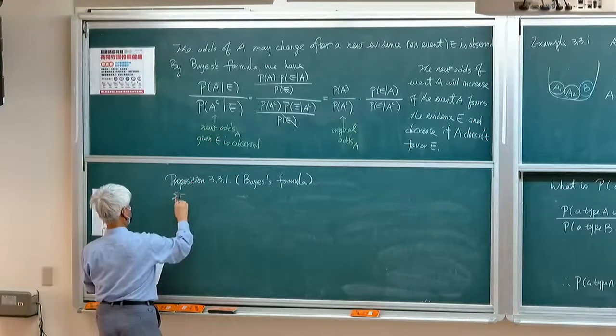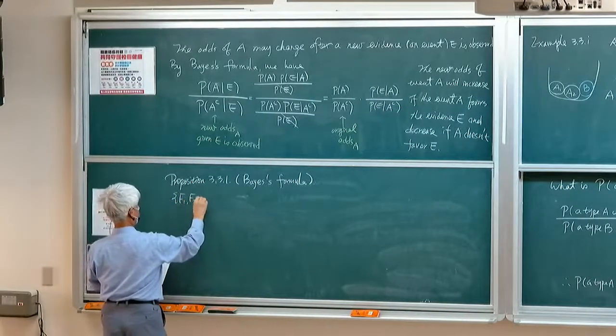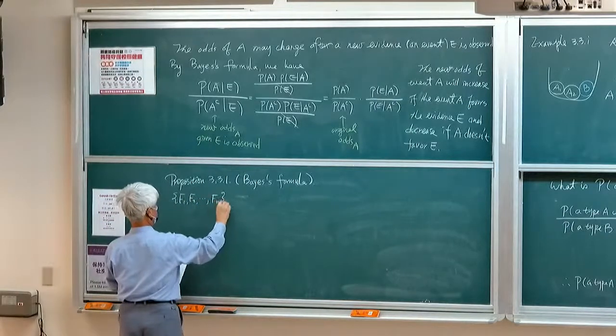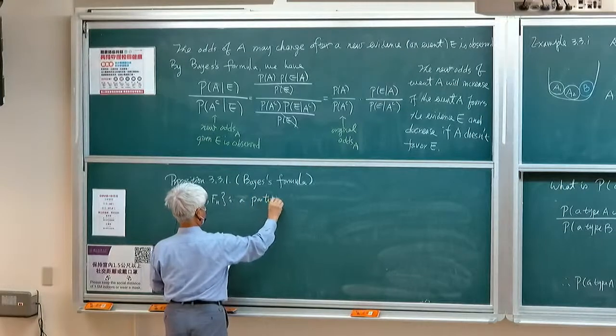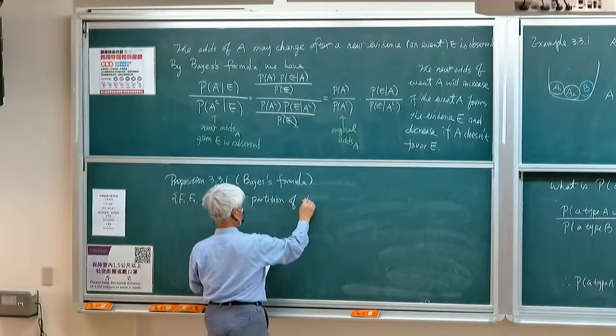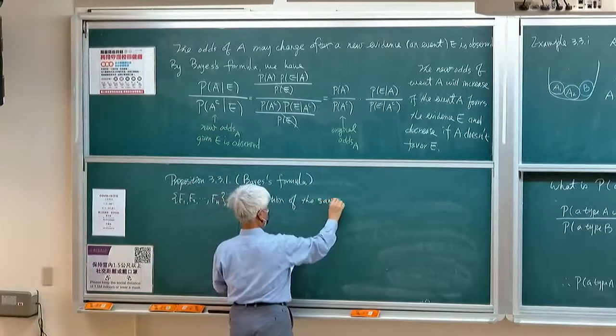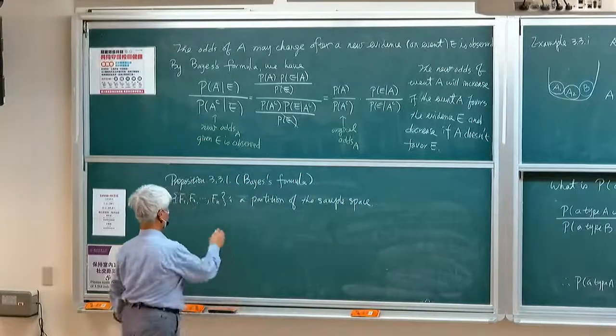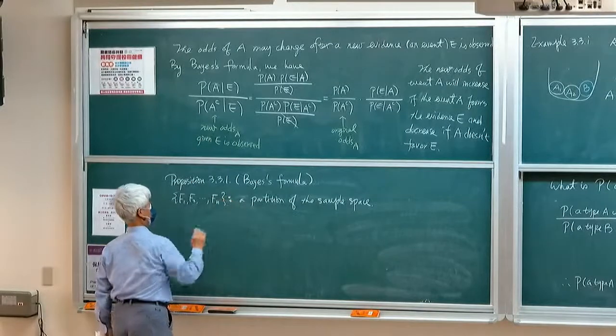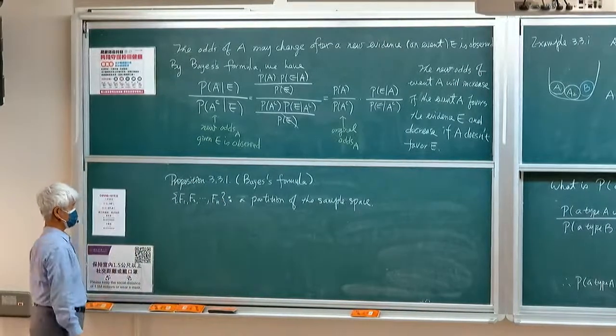So suppose we have F1, F2, up to Fn, a partition of the sample space.